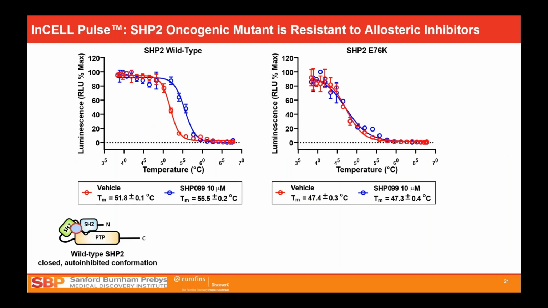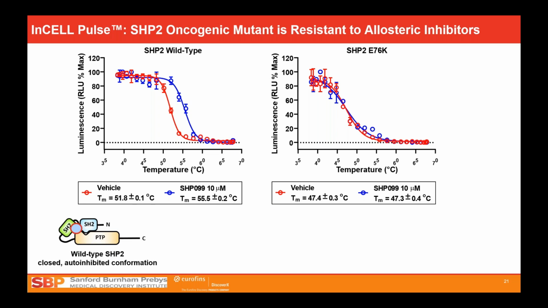Okay, so shown here is some data related to our program. On the left-hand side, we're looking at SHP2, the wild type protein. The red curve is vehicle, DMSO. You can see a nice steep slope. This is indicative of a well-folded protein in the cell.